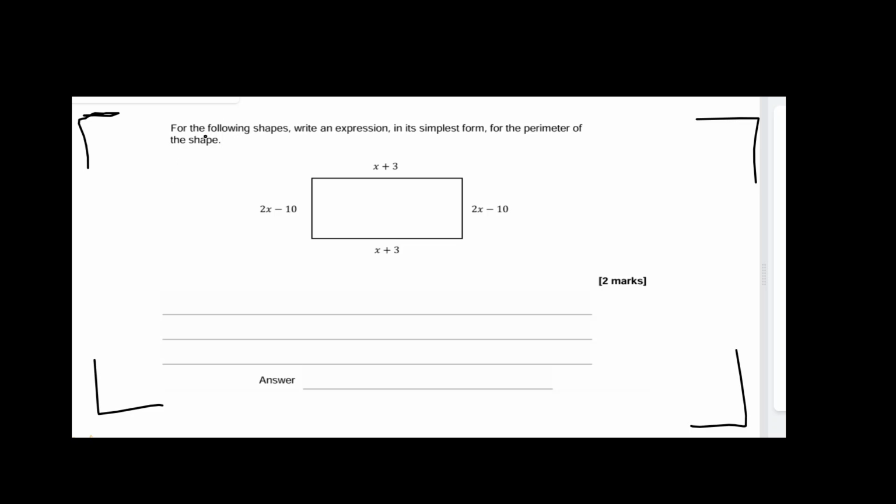Okay, so moving on. It says, for the following shapes, write an expression in its simplest form for the perimeter of the shape. So basically, we know the perimeter means add all sides together.